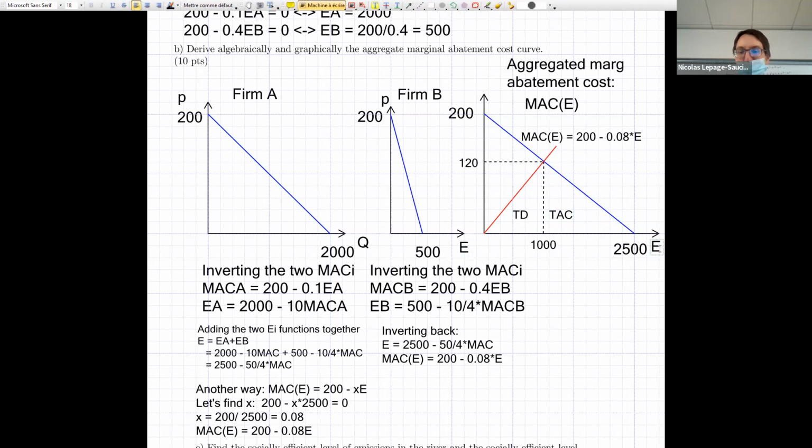And the total social cost is TD plus TEC. So it's the fact that firms have to pay to reduce their emissions, but still the society has to suffer some environmental damage. So it's both of them.